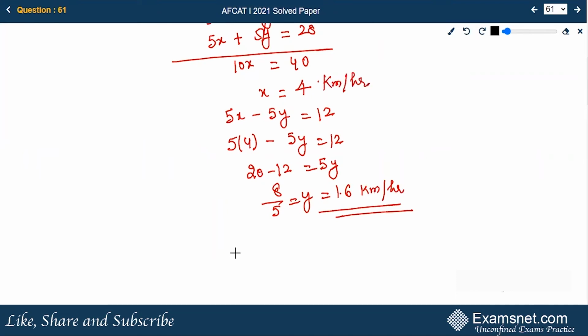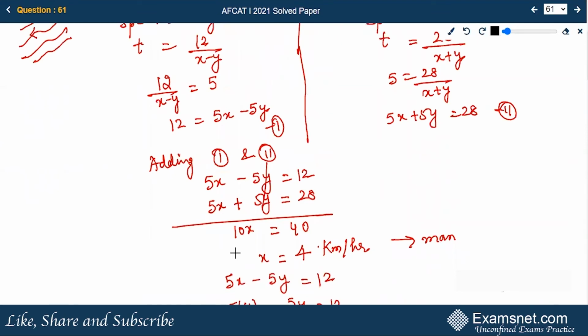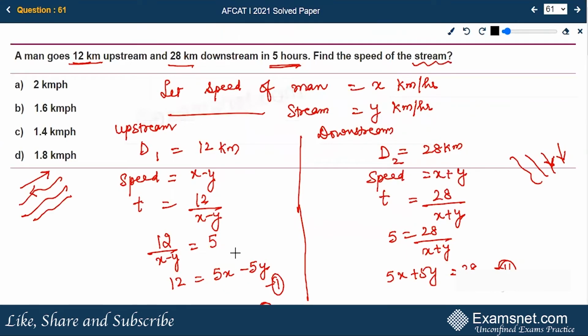So this is the speed of the man, we supposed, and this is the speed of the stream. The question was, you have to find out the speed of the stream, which comes out to be 1.6 kilometers per hour. Option B is the correct answer.